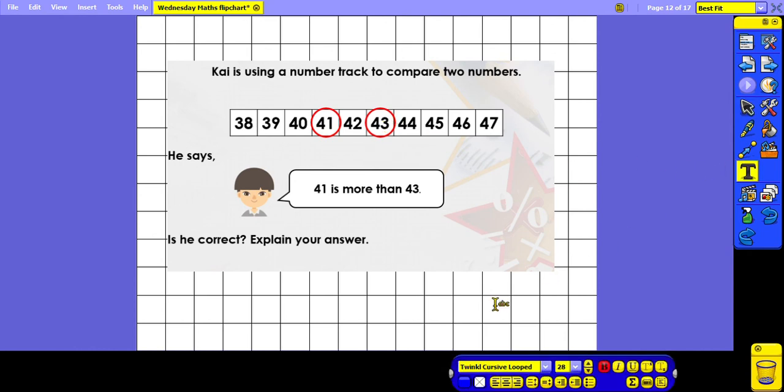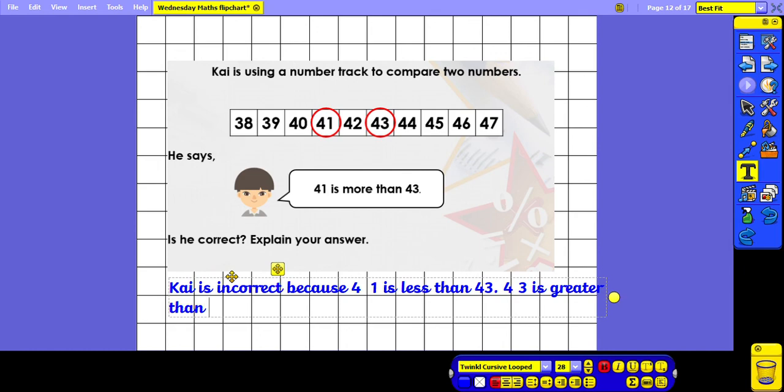So what we can say in our answer is Kai is incorrect because 41 is less than 43. And then we could write 43 is greater than 41.